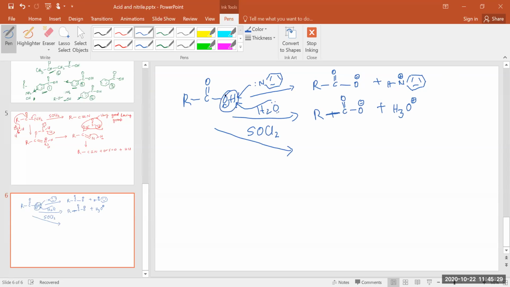This OH will be gone and acyl chloride will form. This reaction will come again. Okay. Now the reactions of nitriles.